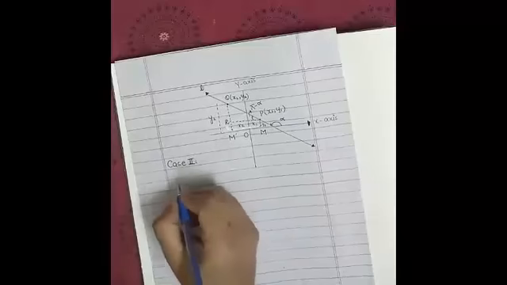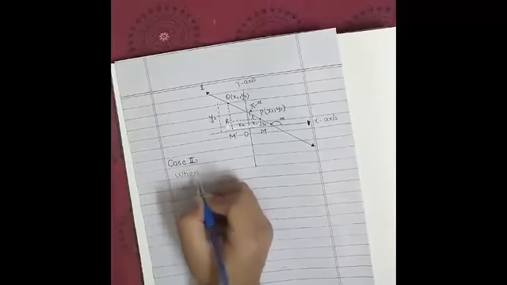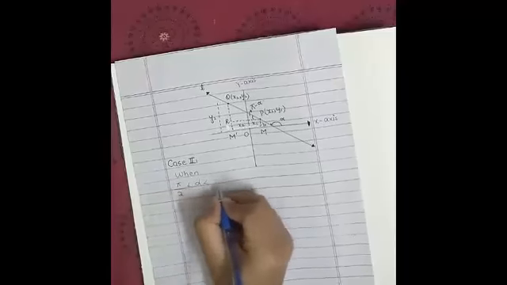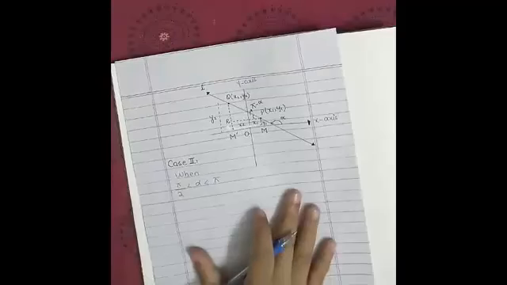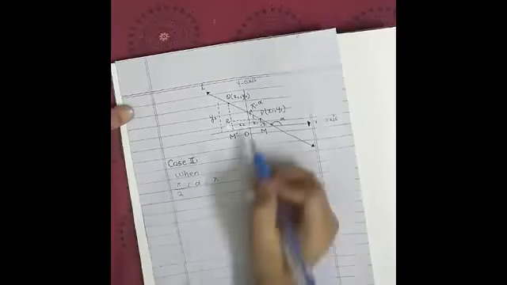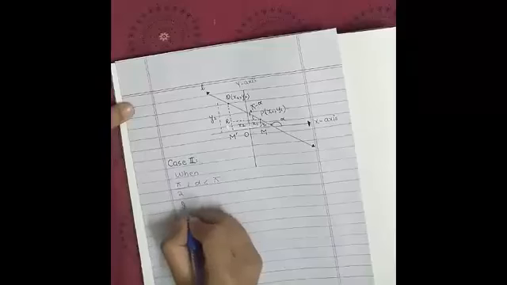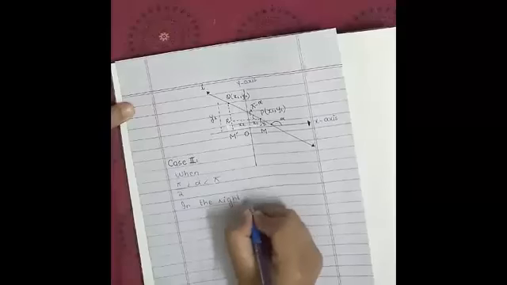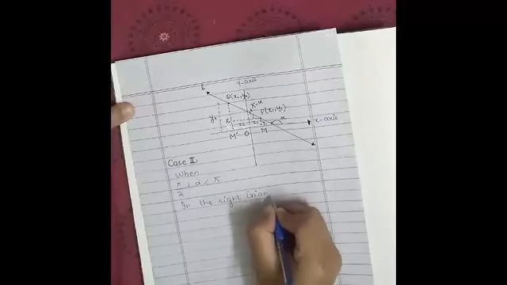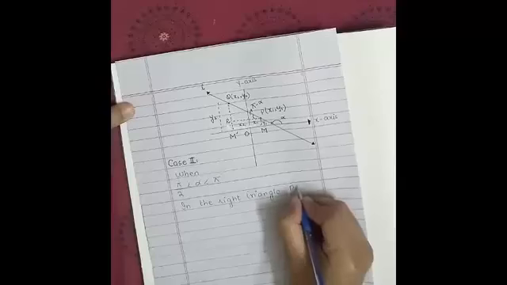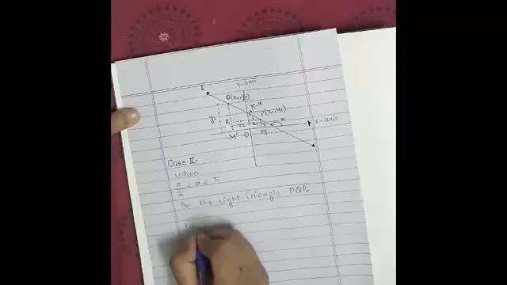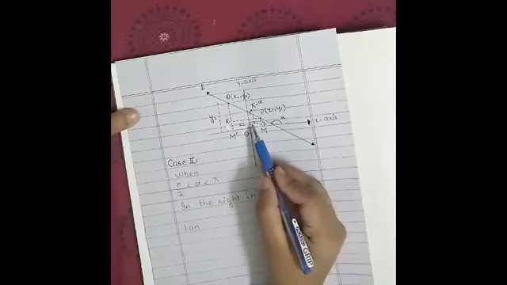So second case is when alpha lies between pi by 2 to pi. Now in the right triangle PQR, tan of the angle, now the angle is pi minus alpha.